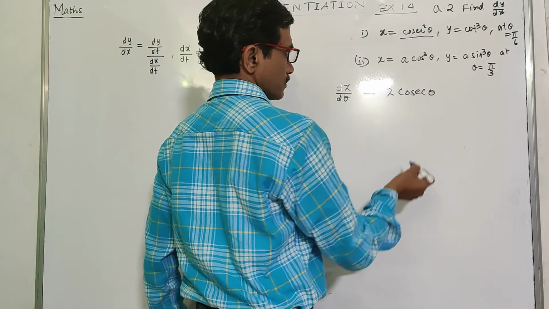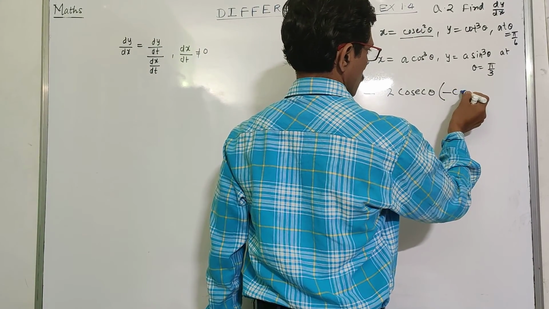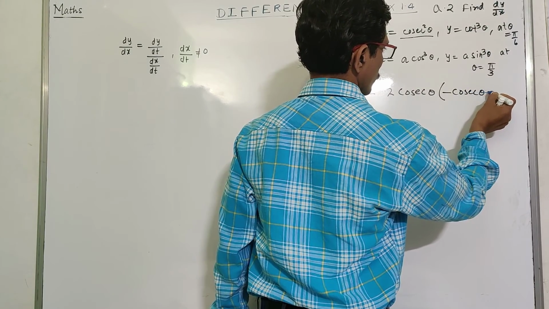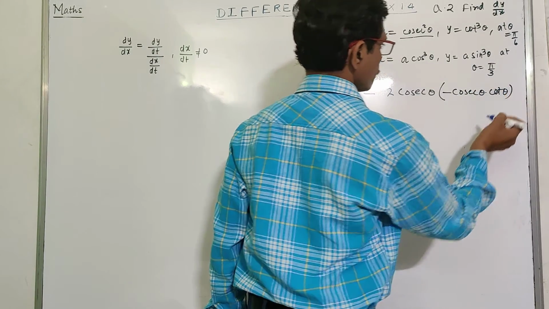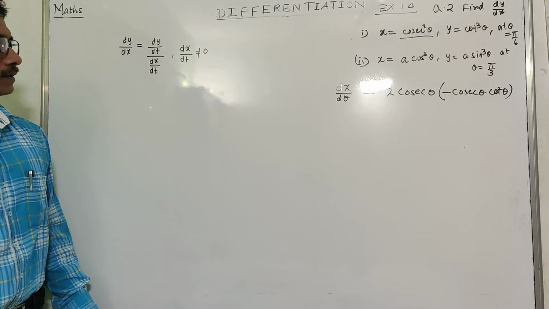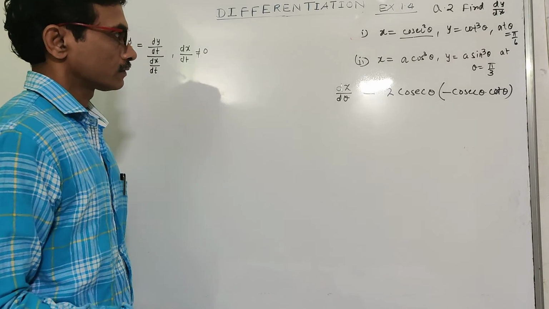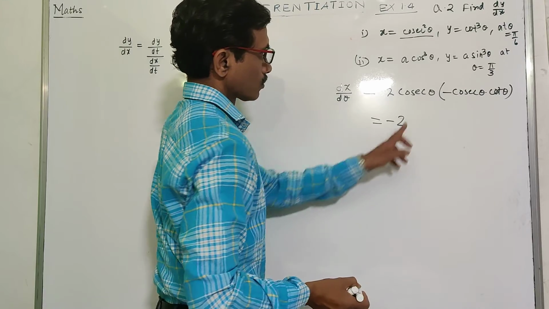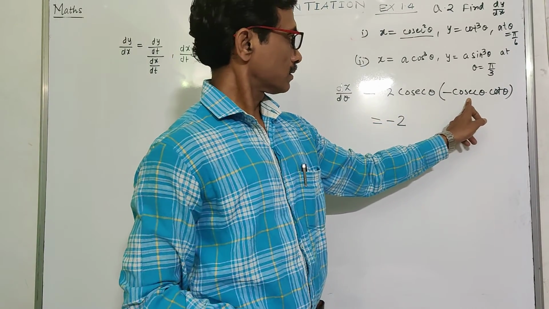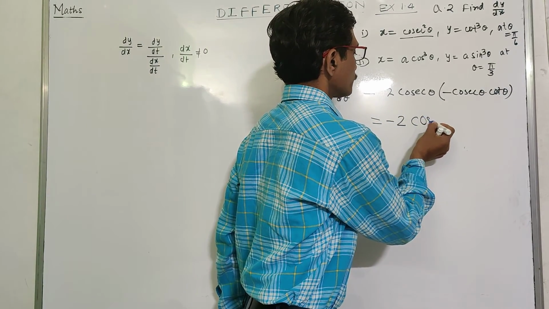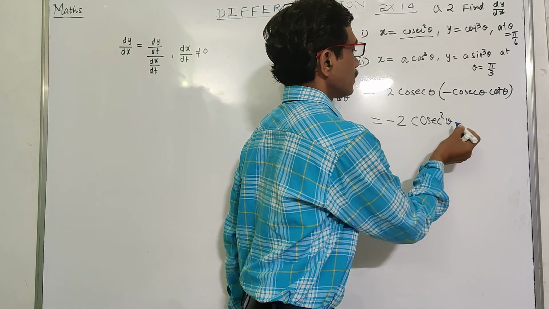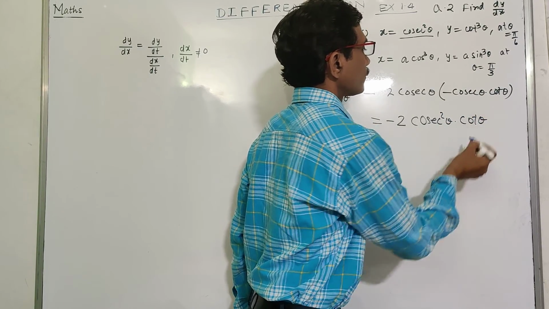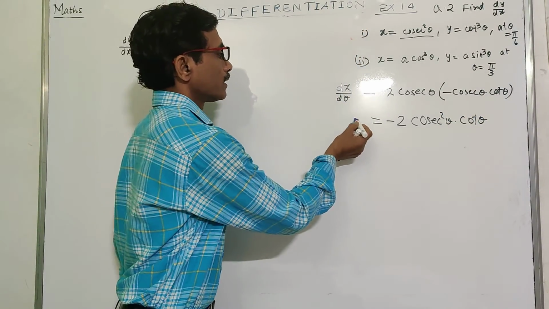The derivative of cosec theta is minus cosec theta into cot theta. So dx by d theta is minus 3 times cosec cube theta into cot theta.